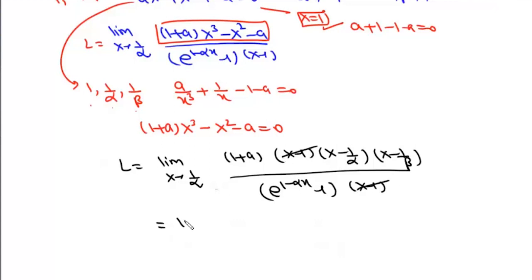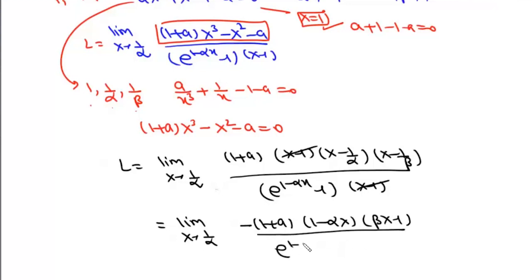We can write this as limit x tends to 1 by alpha. Now it will be 1 plus a. Here we'll take minus common. So it will be minus, and then 1 minus alpha x, and here will be beta x minus 1, upon e to the power 1 minus alpha x minus 1 into alpha beta. Now this is the standard limit e to the power x minus 1 upon x, so it is 1, and we'll put x as 1 upon alpha.